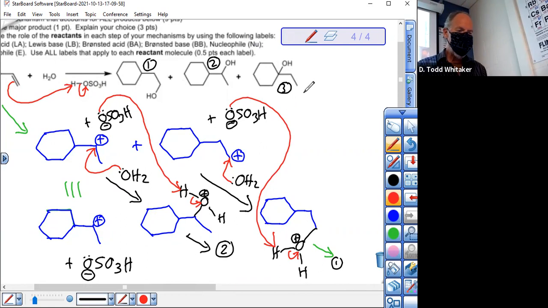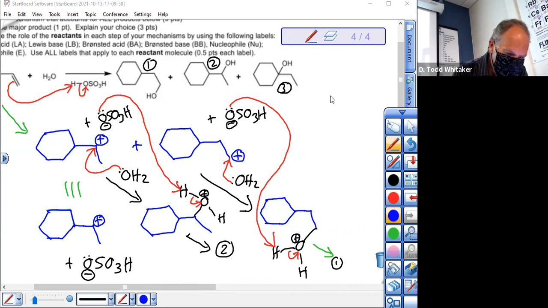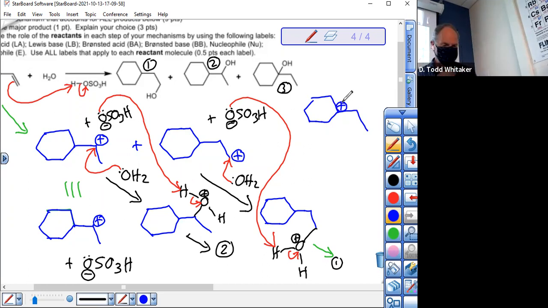Why don't you draw the cation up here this time? The cation you must have before you make that product has to be this one. You must agree. That's the only cation that can make this product, just like this is the only cation that can make that product, and this is the only cation that can make this product. So you get a point for drawing that, even if you don't know how you made it.